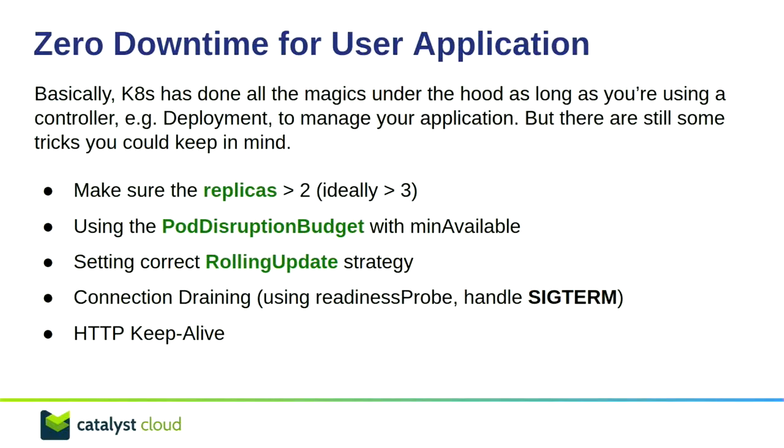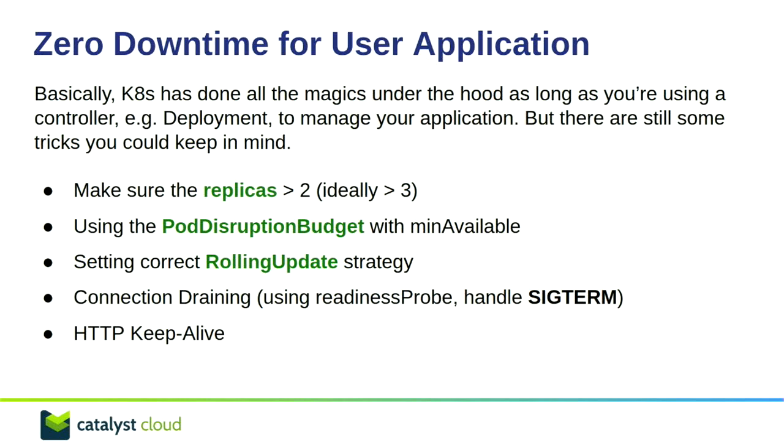That's the context. And when we say zero downtime for the user application, Kubernetes has done probably most of the magic under the hood. You just need to use a controller, like a deployment, to manage your application. And there are just some very little tricks you need to keep in mind.